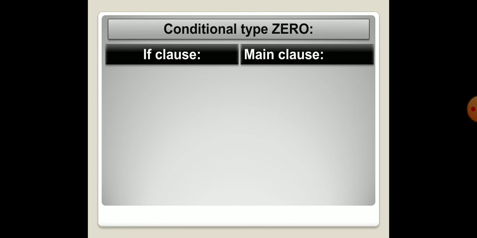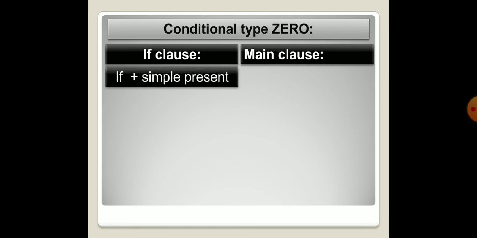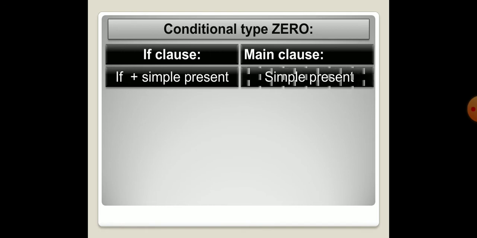Let's have a look at the form of type 0. It's if plus simple present, and in the main clause we use simple present. So let's have examples so as to understand more.